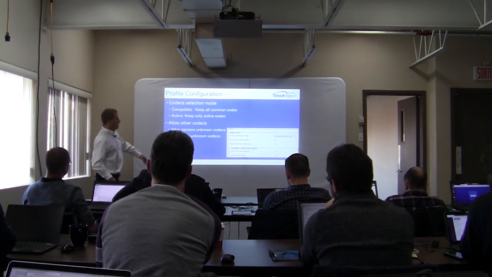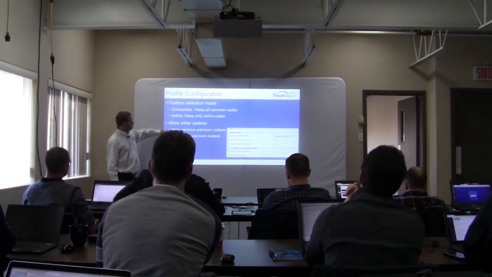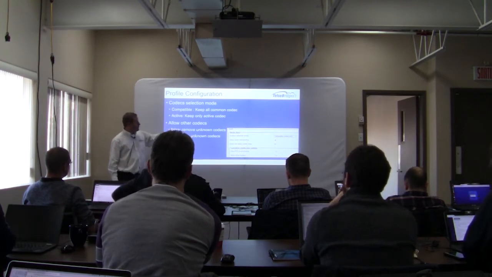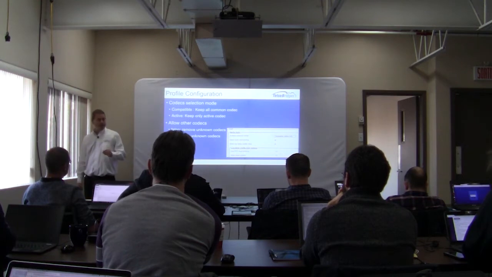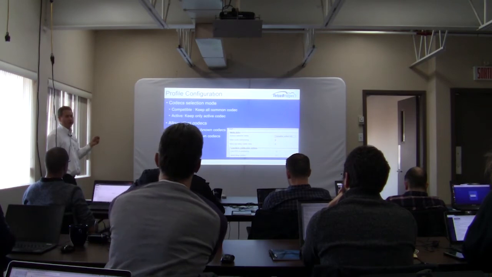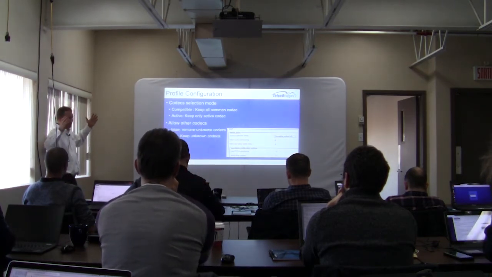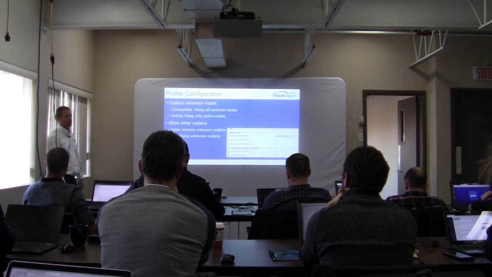Right, and there's another option called allow other codecs here on the bottom. You may want to keep unknown codecs because the SBC can transport codecs that it doesn't know. So even if there's a 105, maybe we can send a 105 and it's another codec type, doesn't matter.